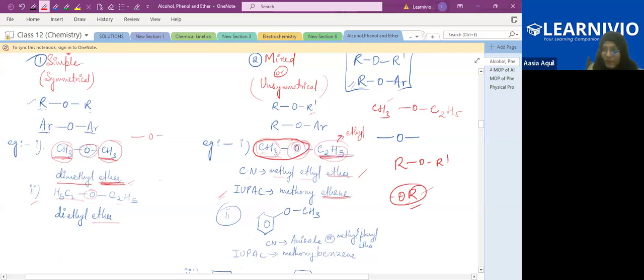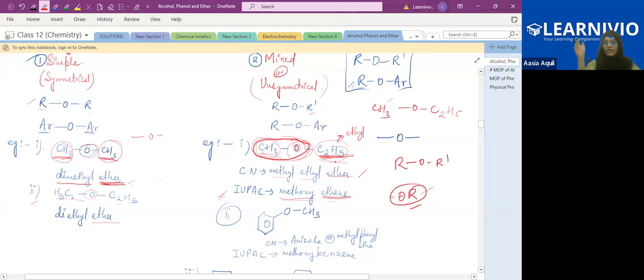And you will take this CH3 and O group as a substituent, and you will write methoxy. You combine the CH3 group with this ether linkage, and combinedly they are known as alkoxy group. So here this is methyl and oxygen, so it is methoxy ethane.